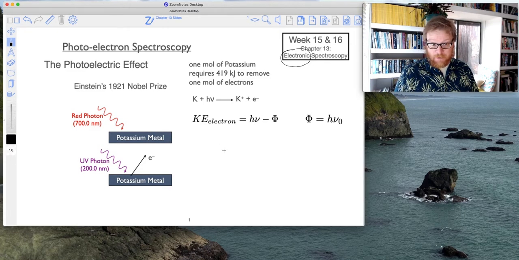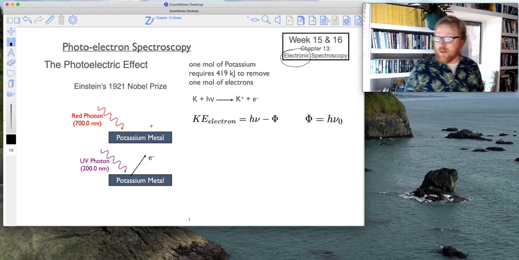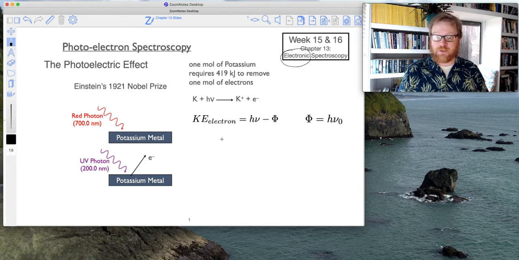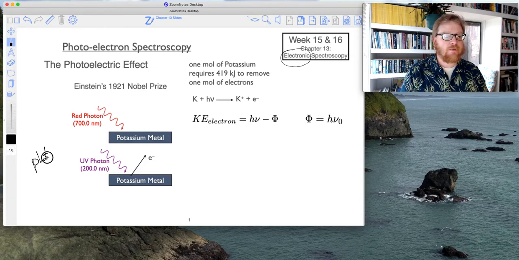Anyways, so the first type of spectroscopy that I want to introduce is photoelectron spectroscopy. Okay, so this is based off of the photoelectric effect. This is one of the very first things we talked about this semester. And if you recall, the photoelectric effect is based on this notion that we can use light to photoionize a sample.